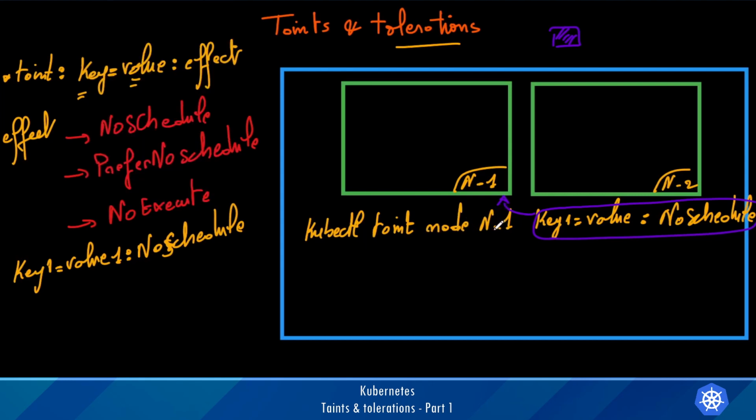So to add a taint to a node, we use this command, kubectl taint node, and then we give it the name of the node, and then we give it the taint. If we want to remove this taint from this node, we use the same command. So kubectl taint node, and we give it the name of the node, and then we give it the taint that we want to remove.